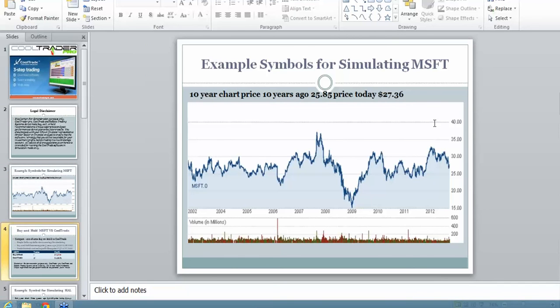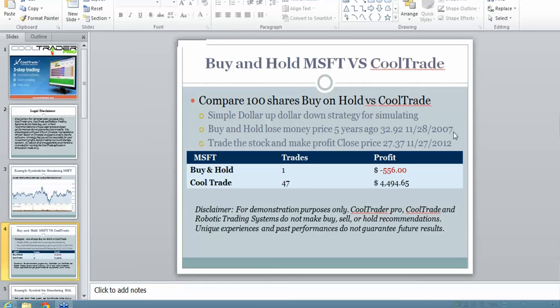This was calculated 11/28/2007. The price of Microsoft on 11/28/2007 was $32.92, and the price of Microsoft on 11/27/2012 was $27.37. So just to give you an example, if you bought and held that stock for 5 years, at that time you would have lost $556.